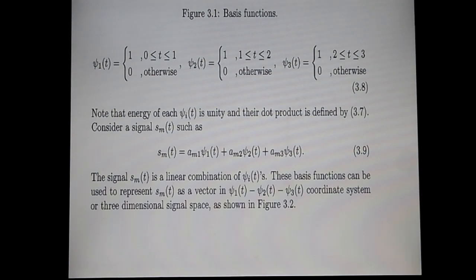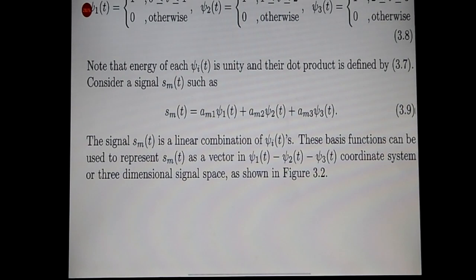So 3.9 is very similar to your three-dimensional vector space, as we saw in our previous slides, where vector b was represented as a linear combination of i unit vector, j unit vector, k unit vector, and we had ax, ay and az, three components.